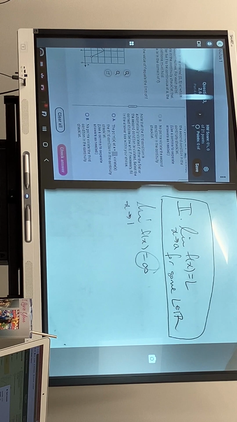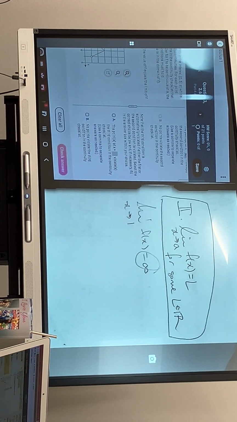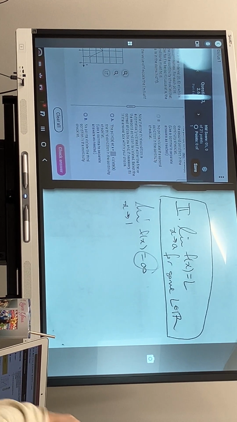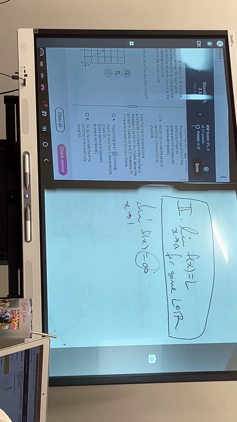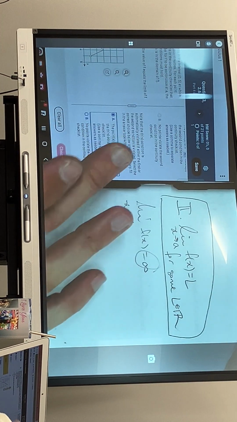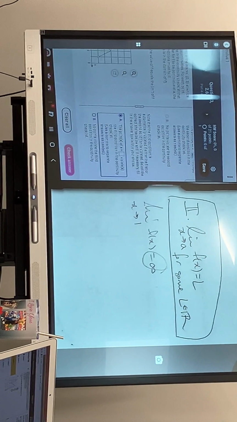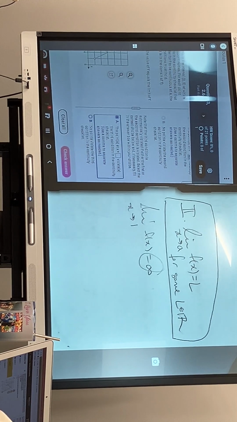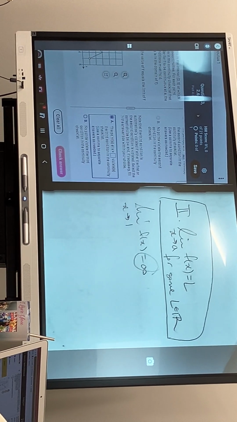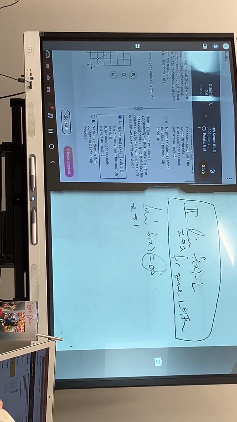And then condition number 3, the limit has to be what the function is where it's defined there. Do you feel like any of them violate the third point? There's a bit of a question about this one because the limit is infinity, but the function is undefined there. But we already said that point violated the first condition because f was not defined.